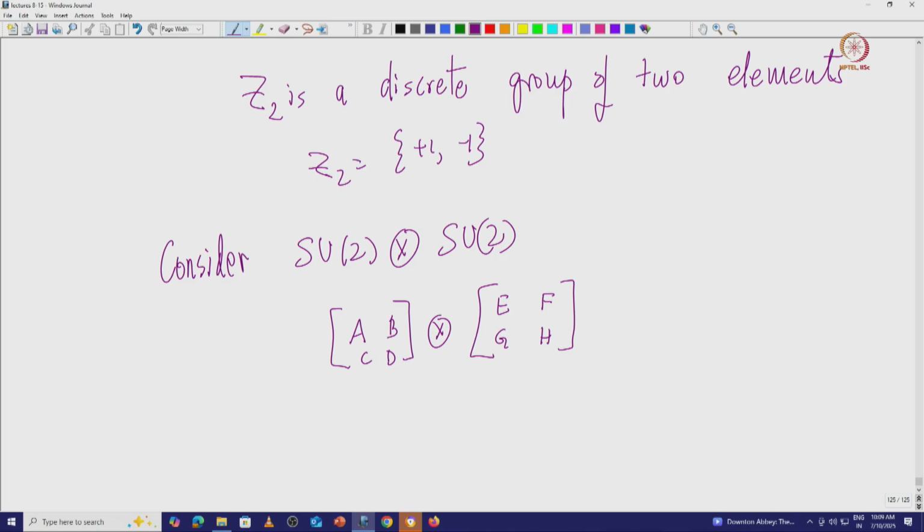So the direct product, this is a 2 by 2 matrix and this is a 2 by 2 matrix.